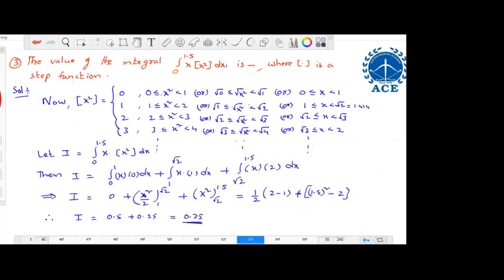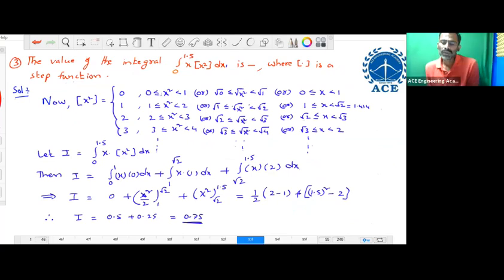Yes, sir, this one. Here, can we take it like you said, converting x square to x because there is dx? Now there is x dx, so can we write it as 1 by 2 into d of x square?